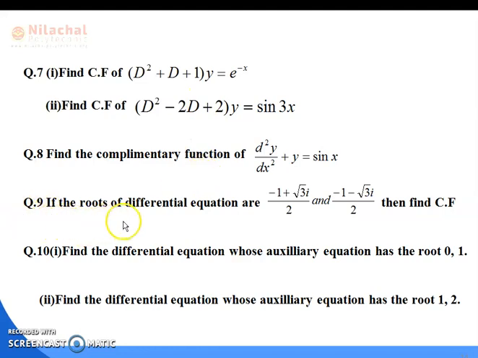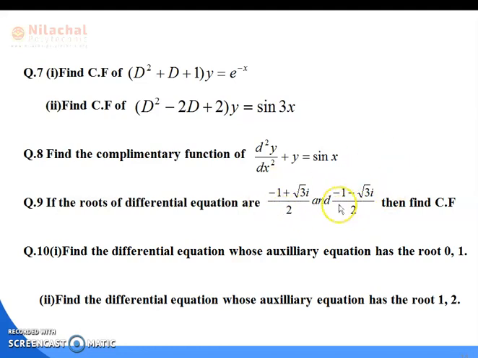Question number 9, if the roots of the differential equation are -1 plus root 3i by 2 and -1 minus root 3i by 2, then find CF. There are 2 roots, you can see all the values are same, only the difference is here plus, here is minus. So this value can be written as -1 plus minus root 3i by 2.